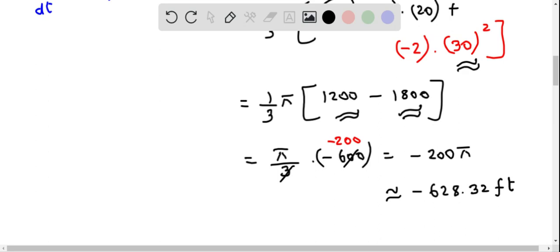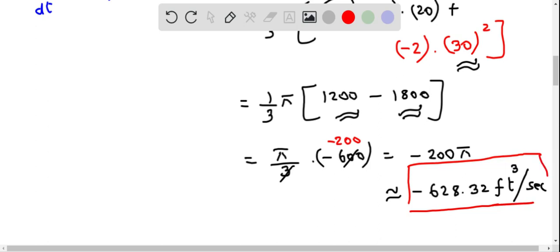We have to put the unit as feet cubed per second, because we are finding the rate of change of volume. It should be in units cubed over time. So this is the answer to this question. The volume is decreasing because in the final result, we get the rate as a negative quantity. A negative quantity means it is decreasing.